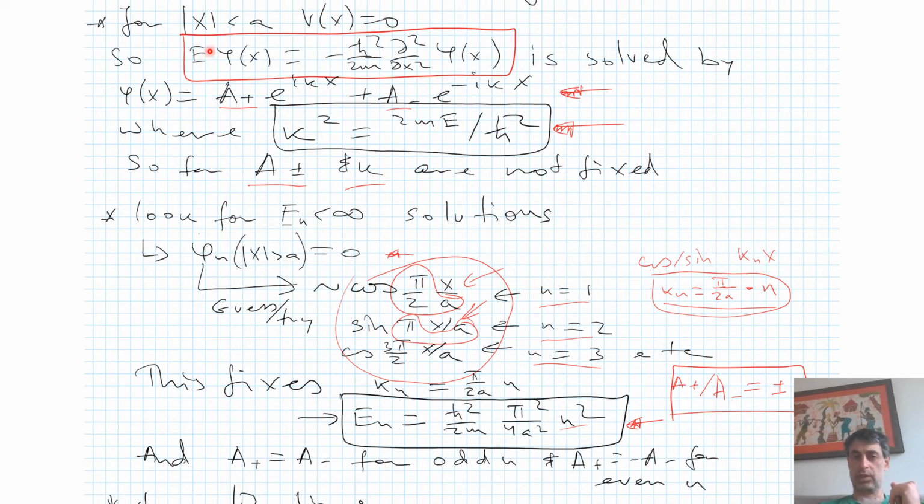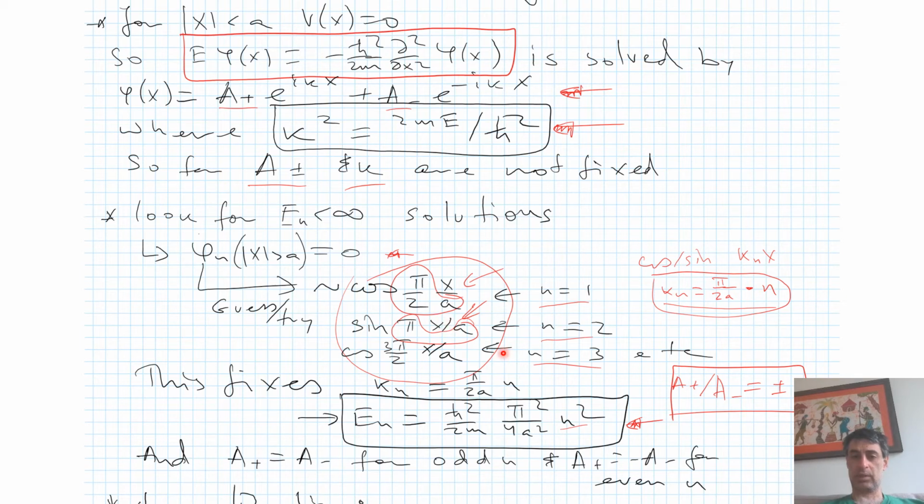So as long as the energy is positive in this well, we're going to be looking for oscillatory objects. And like I said, the potential being infinite outside of the well means the solutions vanish at the boundary.